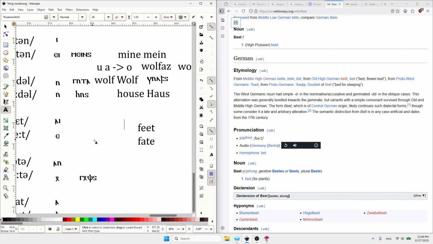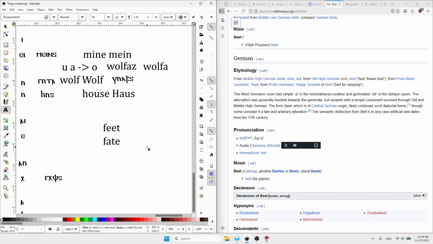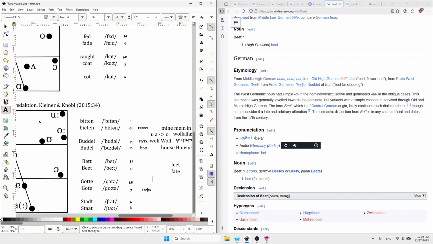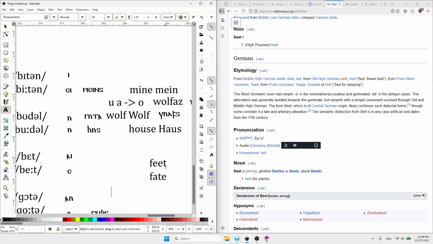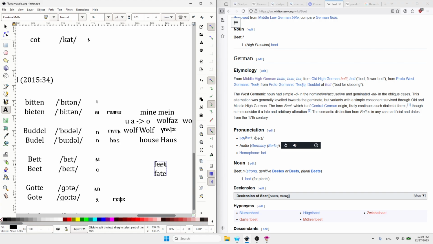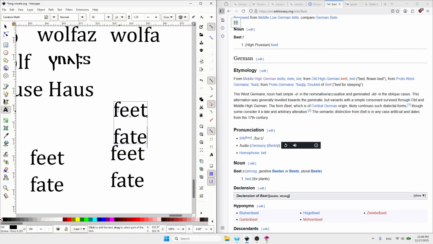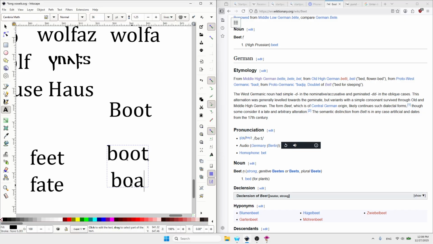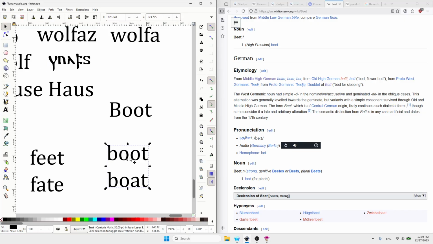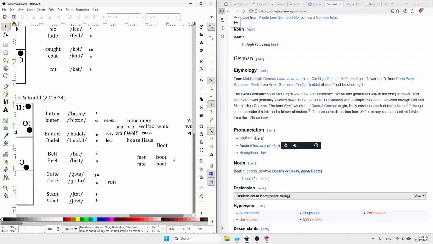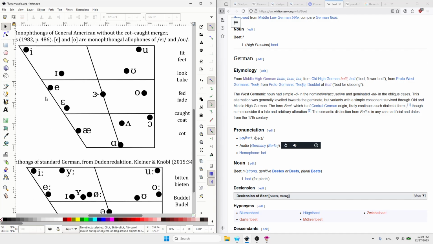So I think more likely it's going to be confused with feet as opposed to fate. The same is true for the word boat, written like this. It sounds a lot like boot, but then it also sounds kind of like boat, and that's because that A is actually lower.